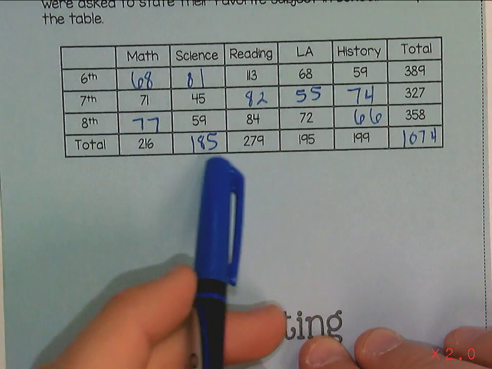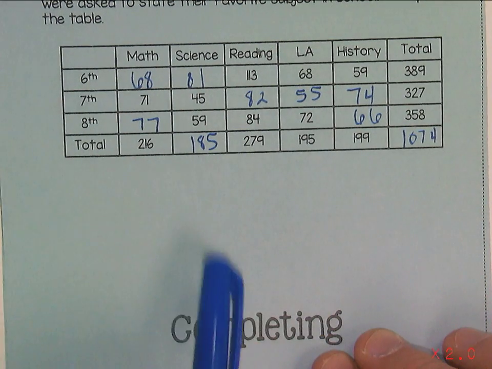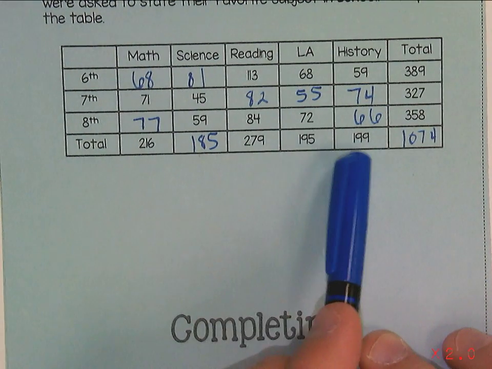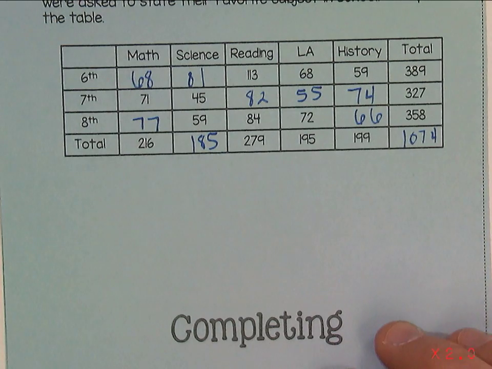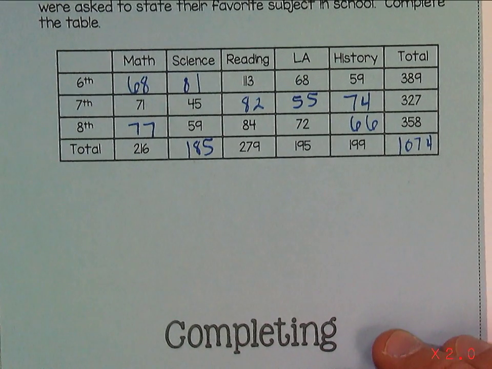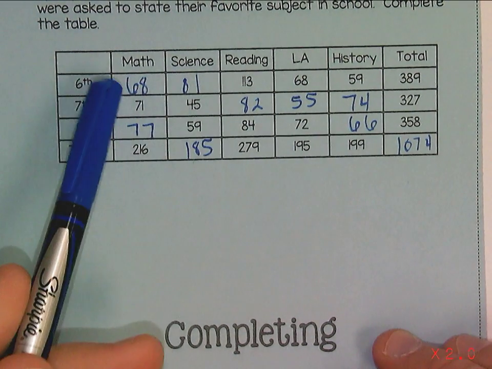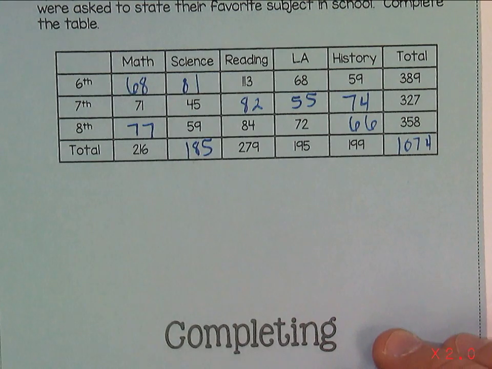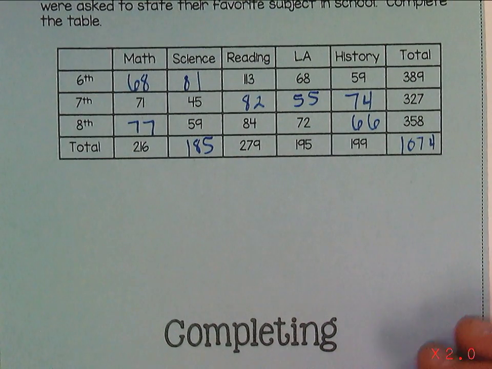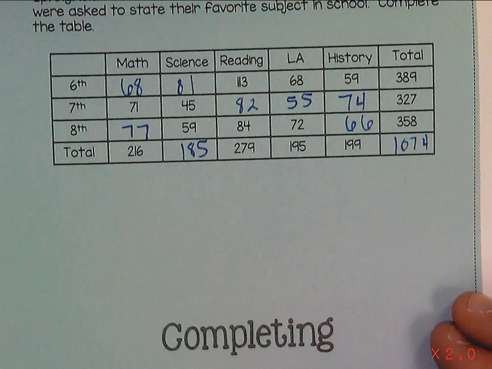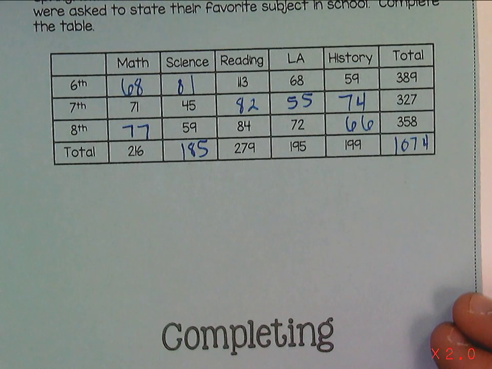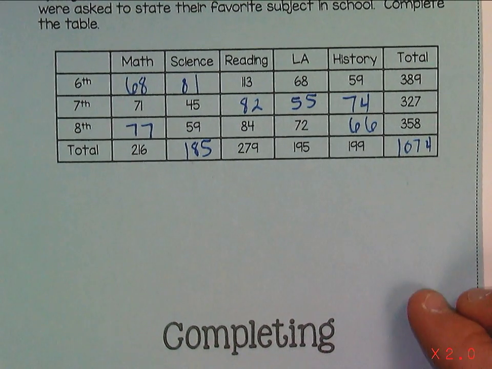And then in the totals here, you had 185. And then I would have added all these up in order to check that they add to 1074. I did that, they do. So if you have all of these numbers in here correct, then you are ready to move on. If not, you should go back and review and figure out where you made your mistake.